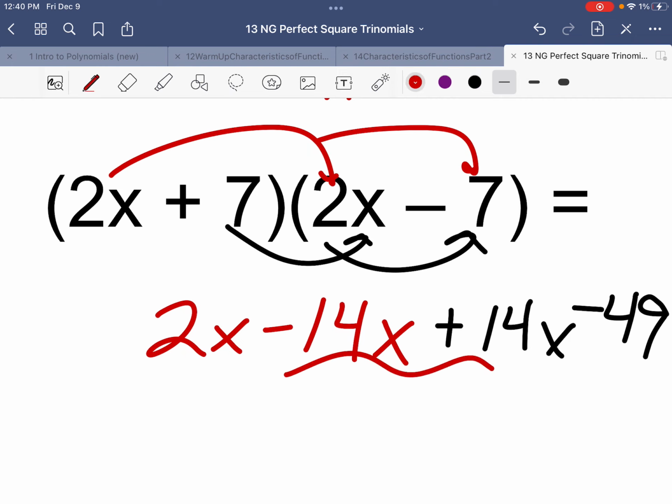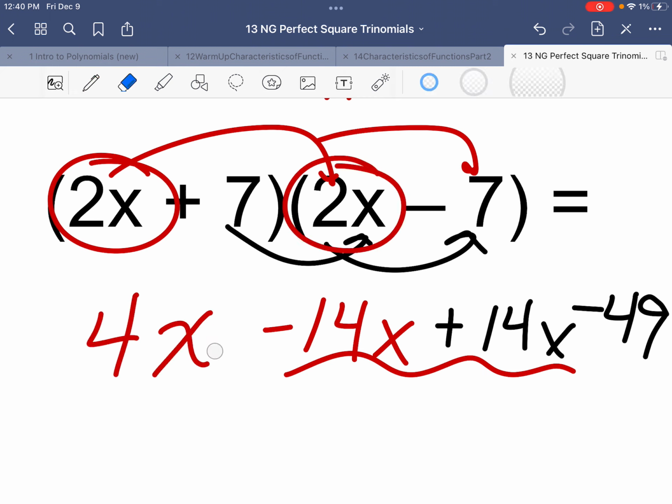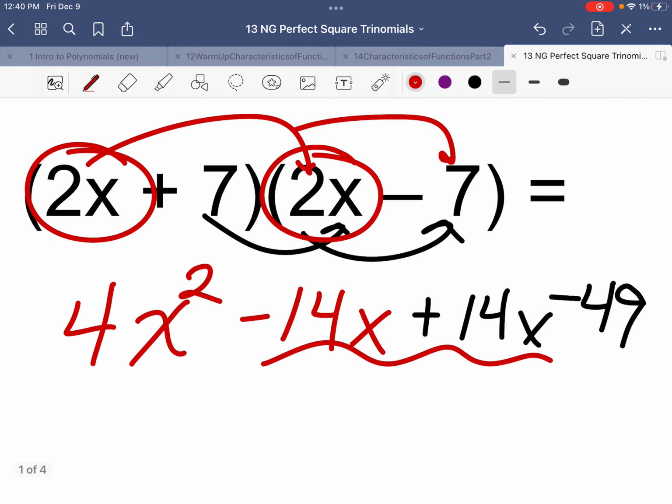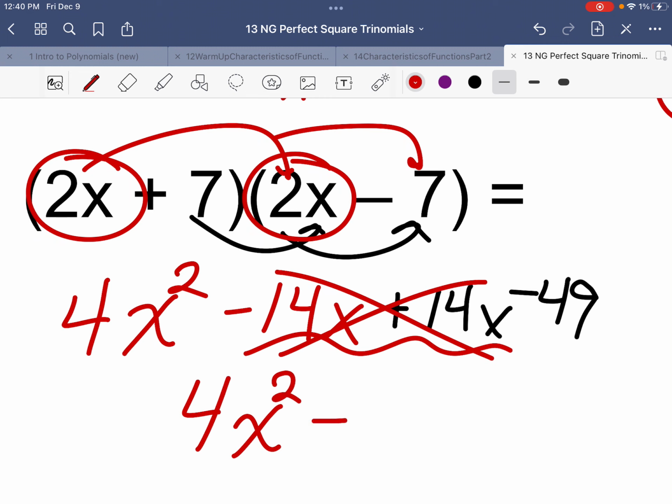That is, these 14x's end up being the opposite. And, sorry about that, I made a mistake. 2x times 2x, that's 4x squared. I was so concerned about these negative 14x's being opposites that are going to cancel out. And we end up with just 4x squared minus 49.